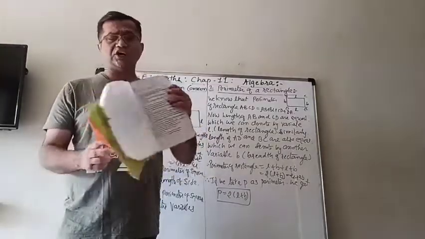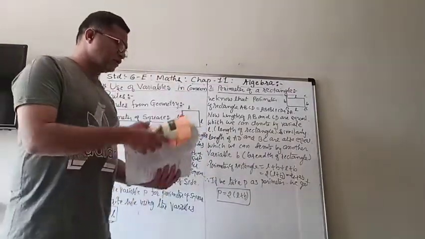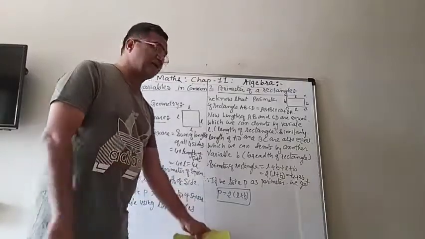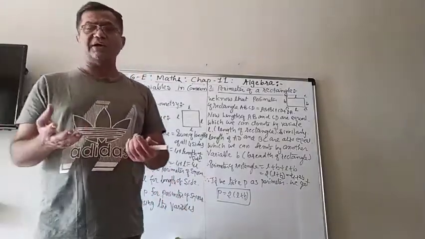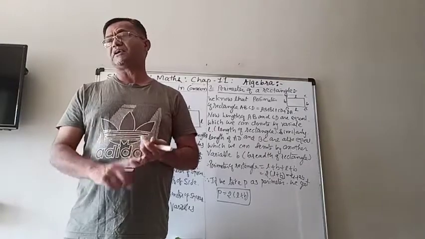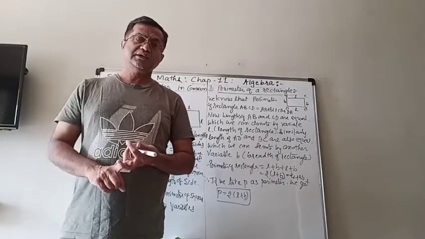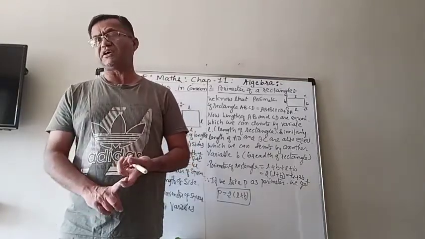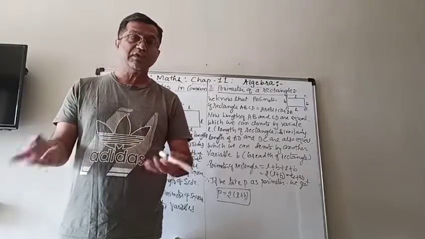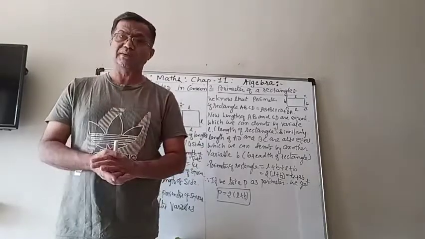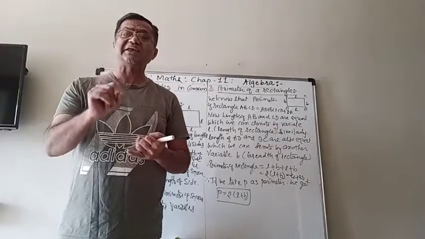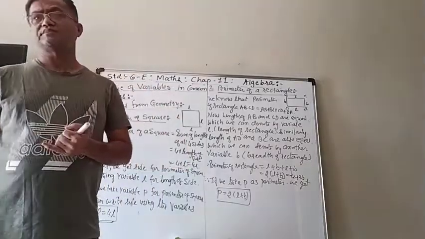For the circle also we get the area of the circle and the perimeter of the circle. We know the formulas: the area of the circle is pi r square, and the perimeter, meaning the circumference of the circle, is 2 pi multiplied by r, where r is the variable we use for the radius of the circle.